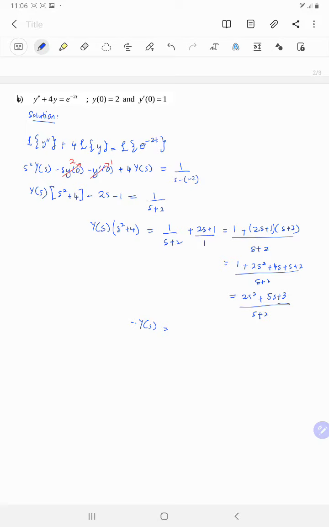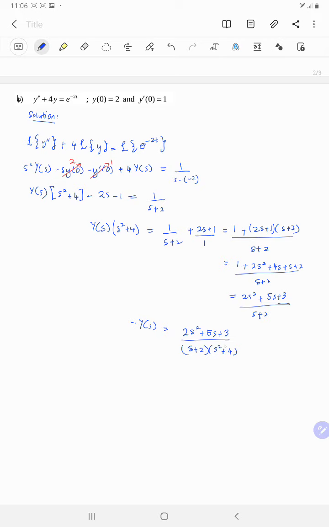The idea is you just want to get the Y(s). You must rearrange so that you get the Y(s), because we want to find the inverse of the Y(s) to get y(t), the solution y(t).